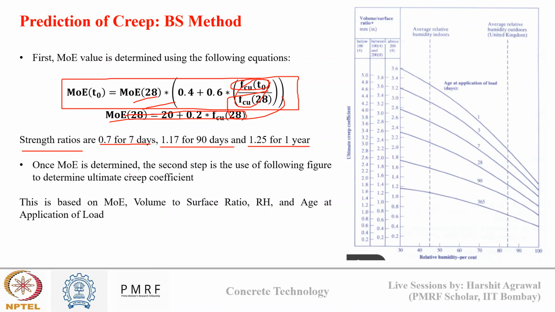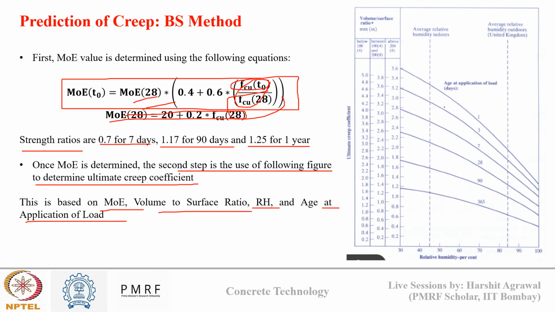Once the MoE value is determined, the second step is to use the figure to determine the ultimate creep coefficient, which is based on the MoE, volume to surface area ratio, RH, and the age of application of load. Suppose my volume to surface area ratio is 150, my RH is 50%, and the concrete age is 28 days.